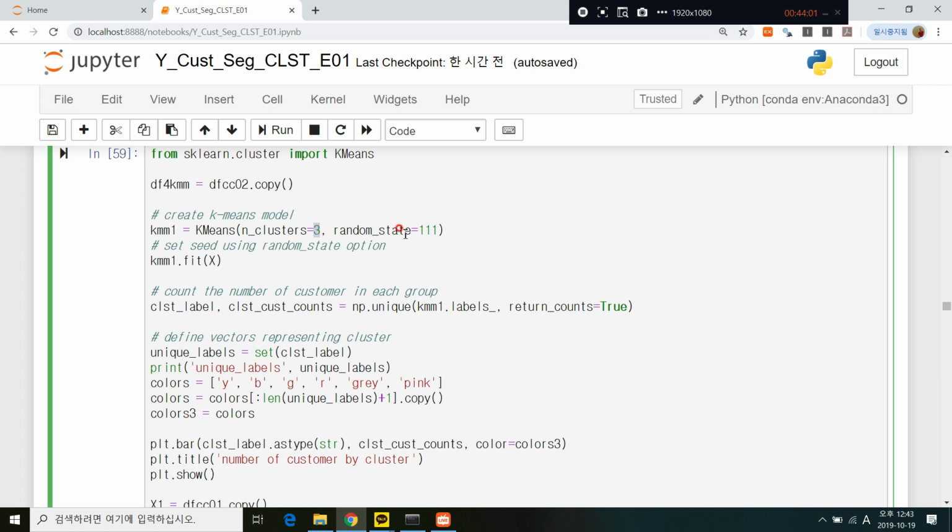Okay, and to prevent random variation in the results, we set the seed using the random state option. KMM1 is a skeleton of the k-means model we want to create, and in fitting we put the data into this model skeleton.